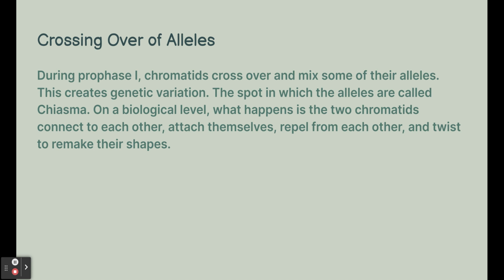This happens in prophase one, and this is also what makes prophase one one of the most important phases in meiosis. This is when two non-sister chromatids cross over, because in the tetrad they're sitting so close together, sometimes their alleles mix up. The spot at which this happens is called the chiasma.